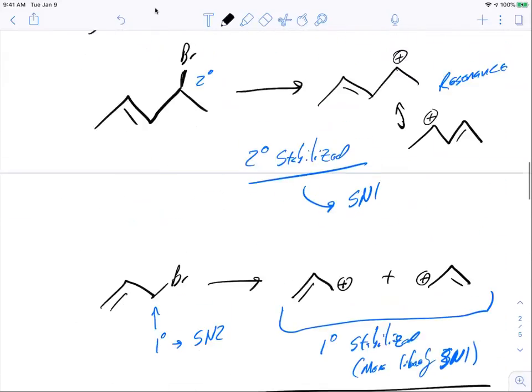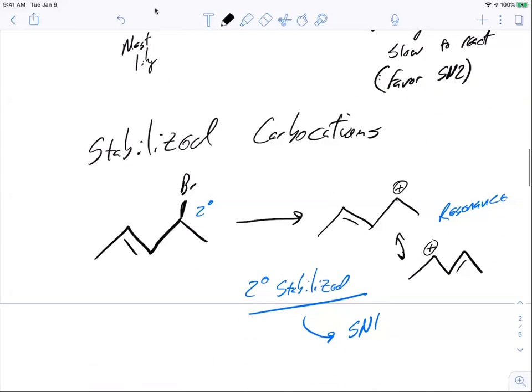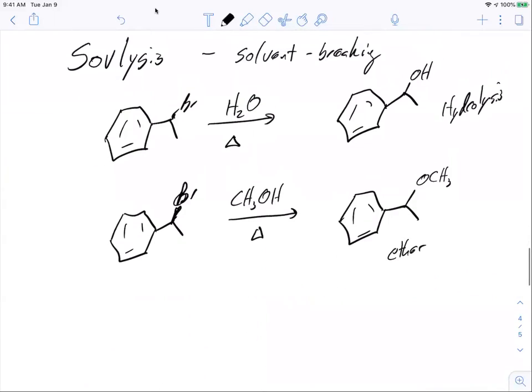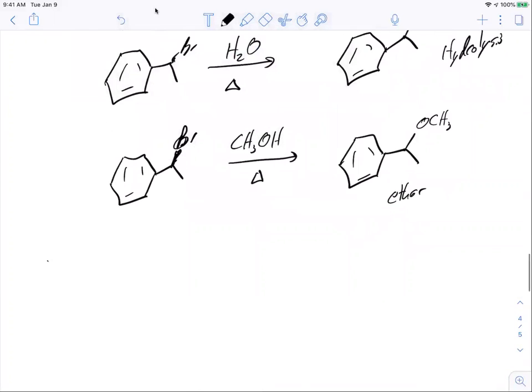Okay, so we went through substrates. Tertiary is going to be favored over the rest. We can have stabilized carbocations. When we look at nucleophiles, any nucleophile will do. Okay, solvolysis is a special form of an SN1 type substitution. Let's look at leaving groups.